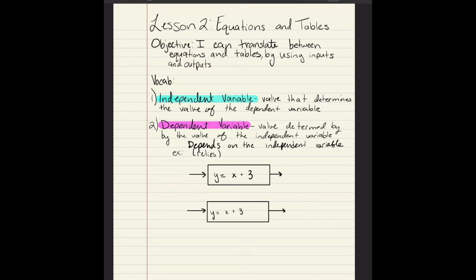So here we have an equation, y equals x plus 3. And let's say that we did this input. So we input 2 into this equation, and our output would then be 5.